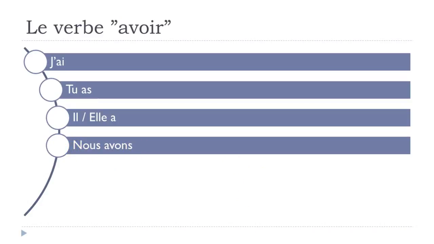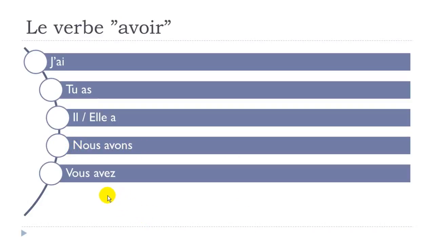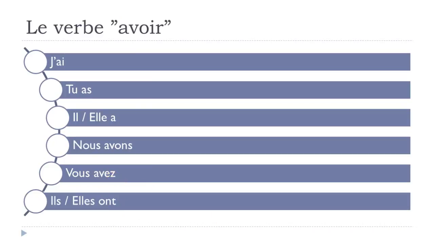That's it. Next one, same thing, the little liaison between the two: vous avez. And the last one, same thing. You get this final s and final s here, and then you have to make the little link between the two.